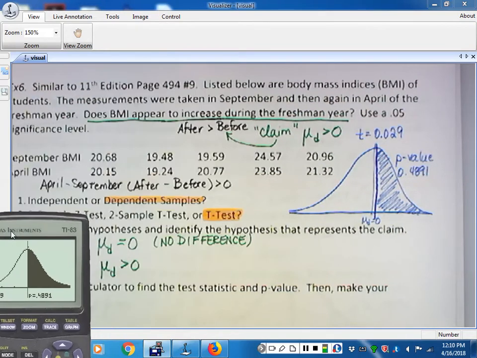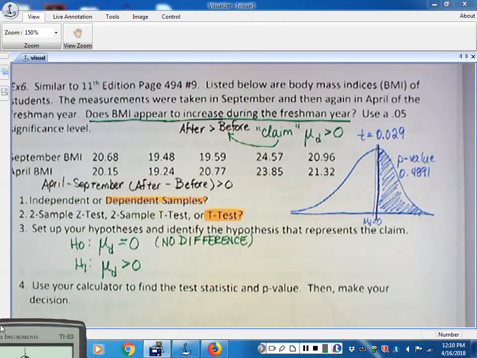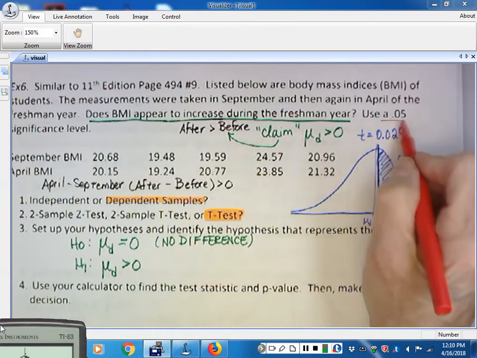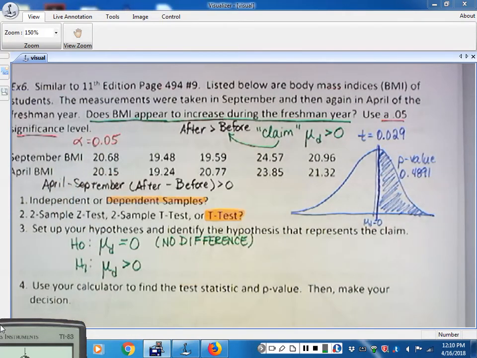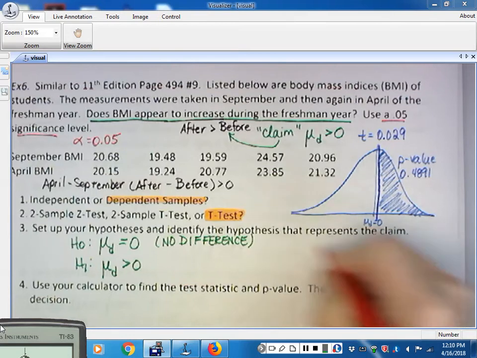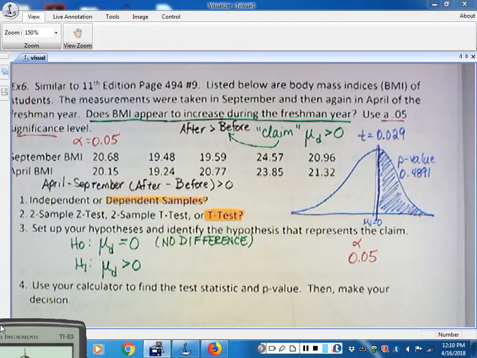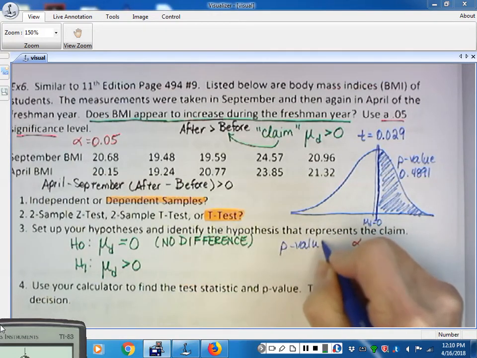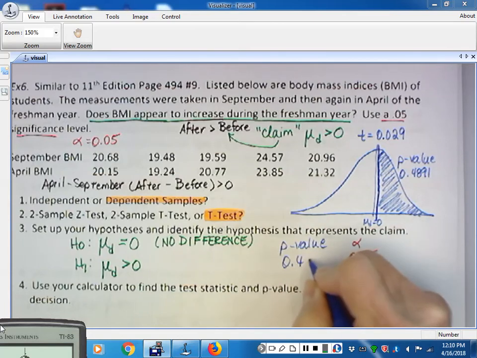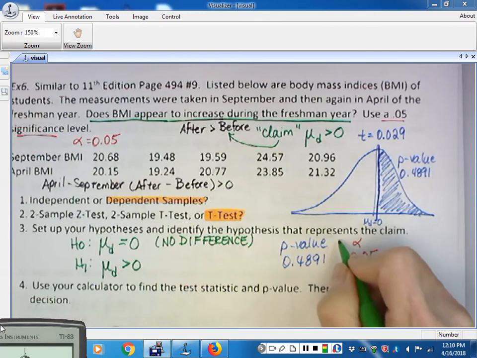So when it comes time to compare P to alpha, P is definitely a lot bigger than alpha. It says that alpha is 0.05. P-value is not less than alpha, it is substantially greater than alpha.